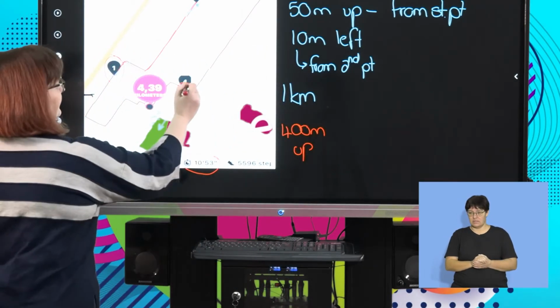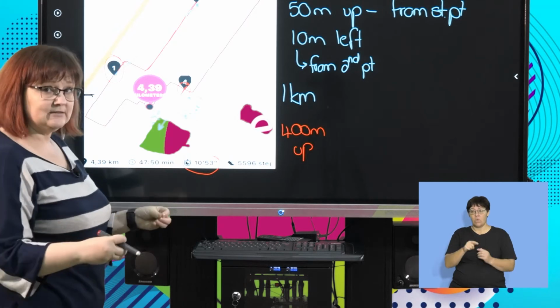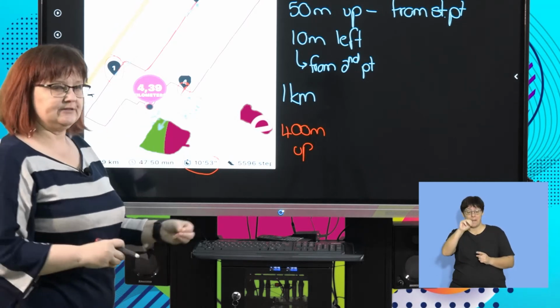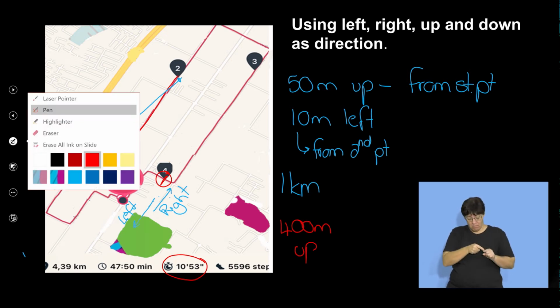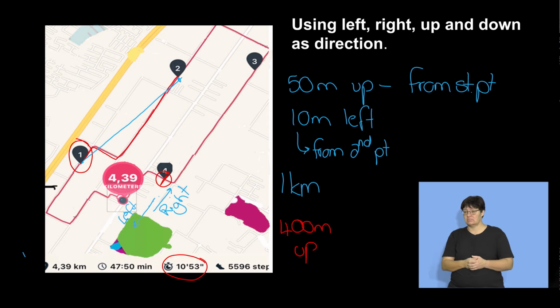That point here, she has walked a distance of 4 kilometers. In that distance, she has gone up and down and round and right and left, but her displacement is from here to there. It's very short.